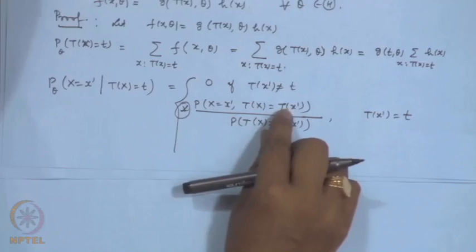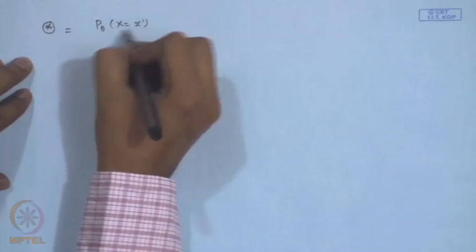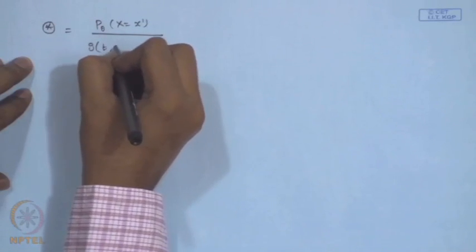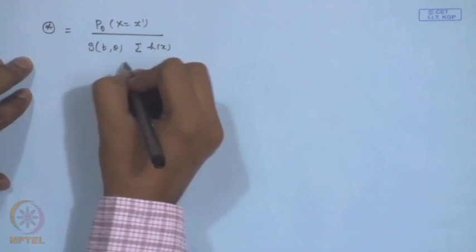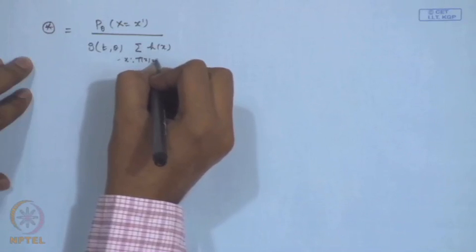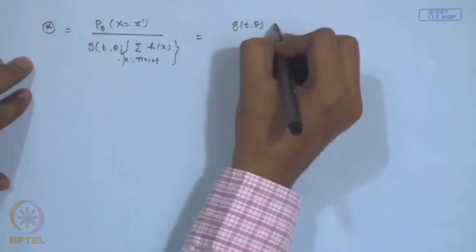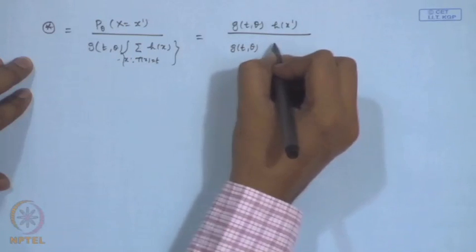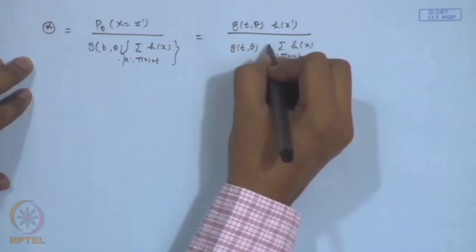So, this star portion is equal to P_theta(X equal to x prime) divided by g(t, theta) sigma h(x) over x such that T(x) is equal to t, that is equal to g(t, theta) h(x prime) divided by g(t, theta) sigma h(x) over x such that T(x) is equal to t.